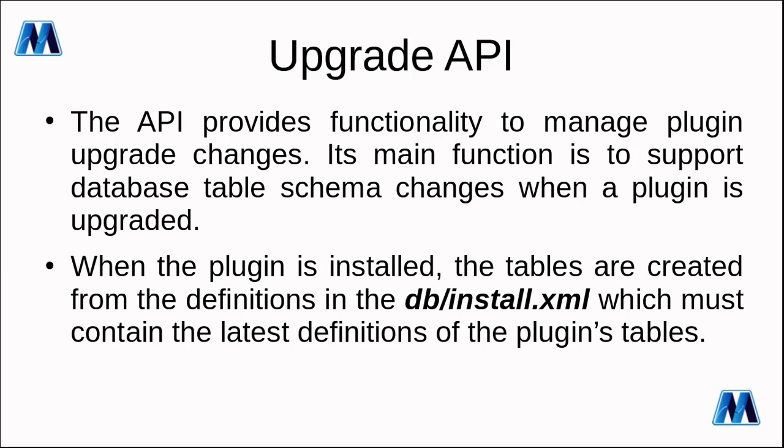So the upgrade API uses the data definition API functionality to take your tables from one version to the next, to the latest version. Its main function is to get your tables to the level at which install XML would make tables if you're installing brand new. I hope that makes sense.